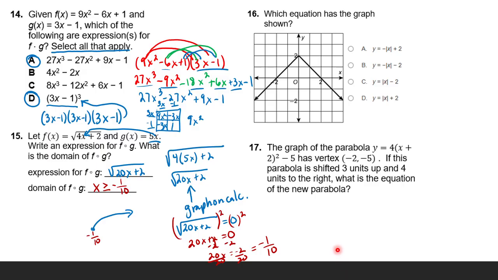Okay, on number 16, when we get the V shape, we get an absolute value, right? So all of these have the absolute value, so that doesn't narrow it down. But look, it opens down. So in order for it to open down, remember you have to have a negative in the front.